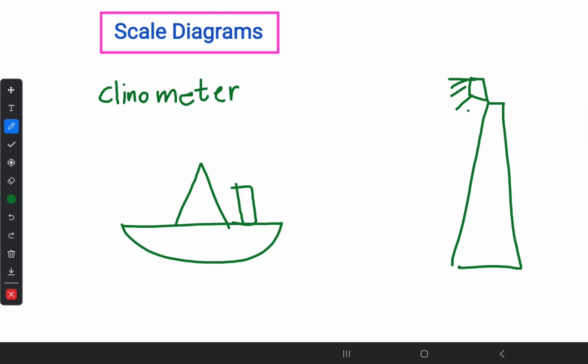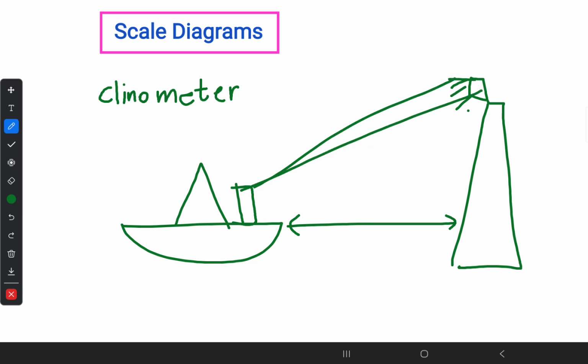By using that one, they can measure the distance between that particular boat and the lighthouse. There are some digital meters. By using that, directly they can see what's the distance we have to cover more to reach the lighthouse. So this is the common practice where we are using clinometer kind of devices.